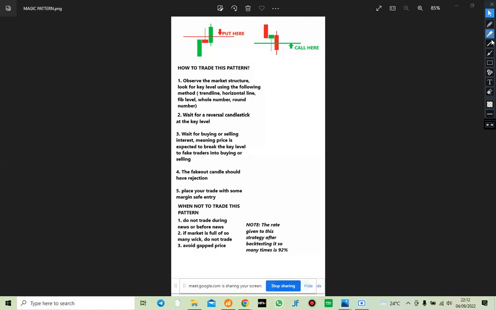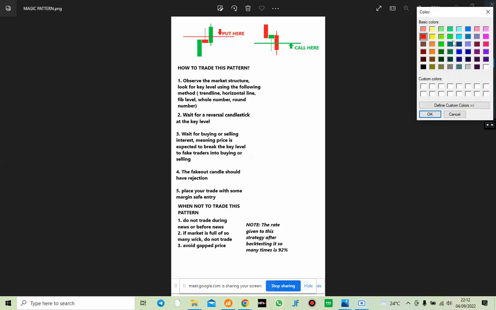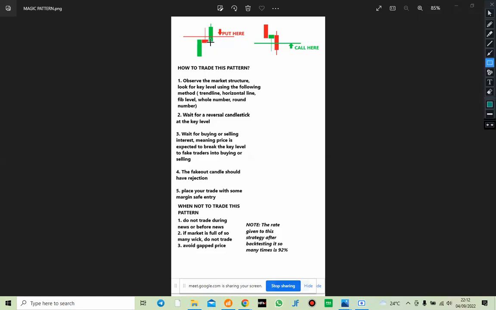Now, if you do a mathematical explanation of this pattern, it will look like this. Let's say you combine this green with this red, what it will give you is a hanging man, something like this, a green candle.